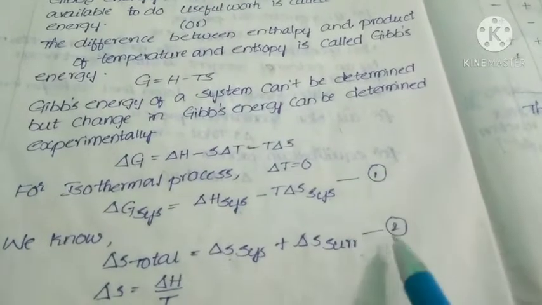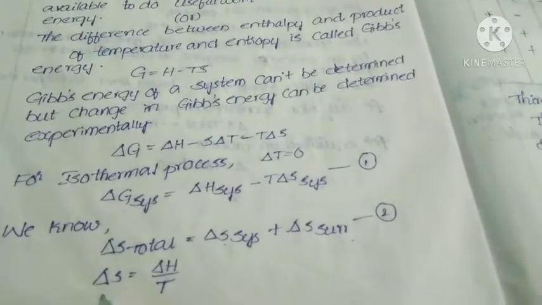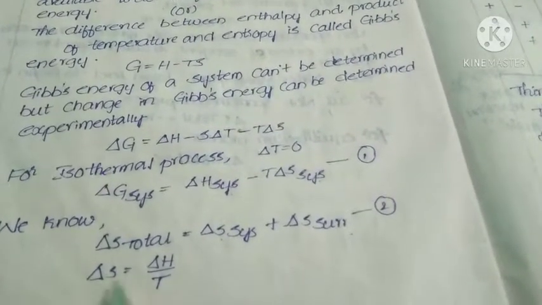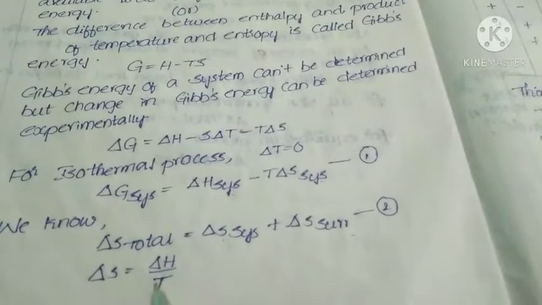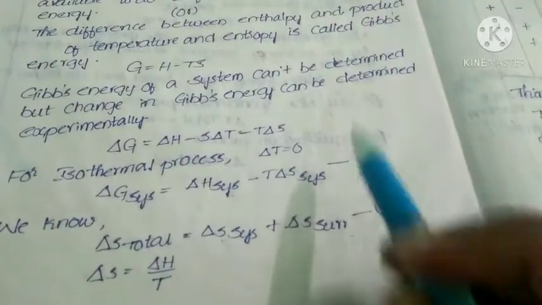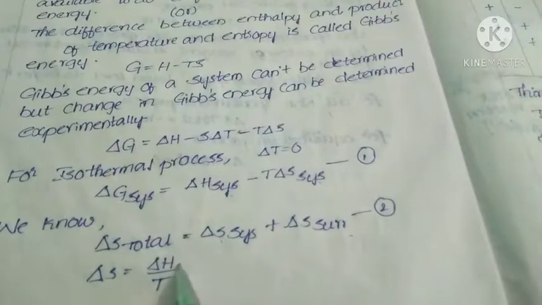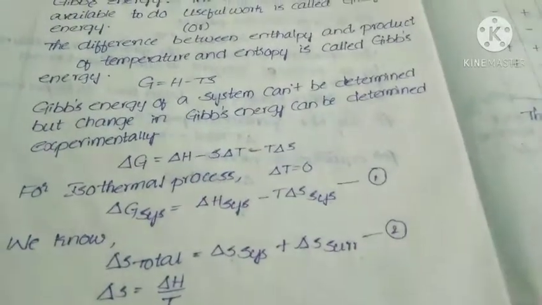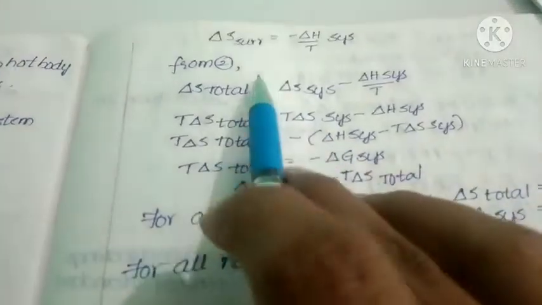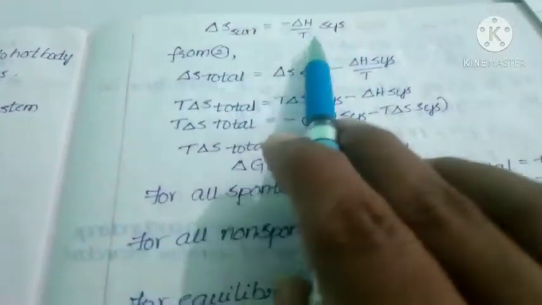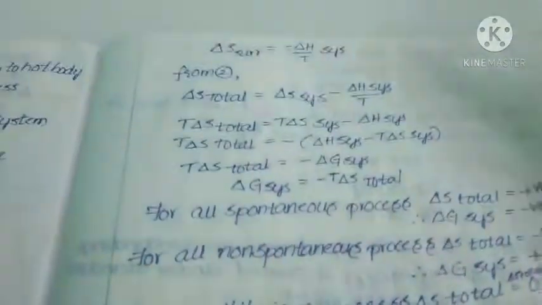Let us assume this is 1, this is 2. We know one more formula: delta S equal to delta H by T. This was seen already in the entropy concept. Next, one more point: delta S surroundings equal to minus delta H system by T. Why?